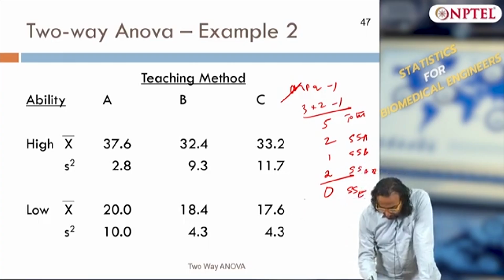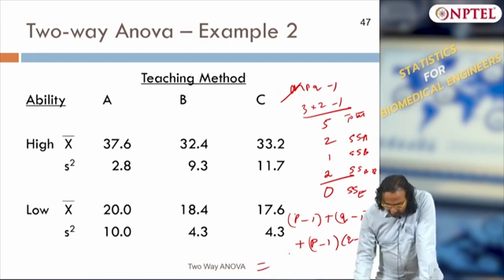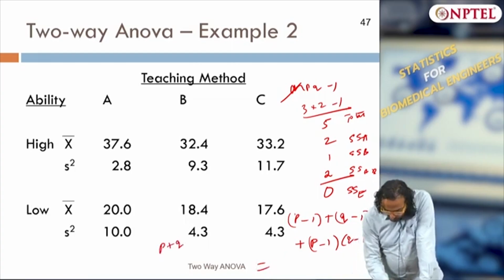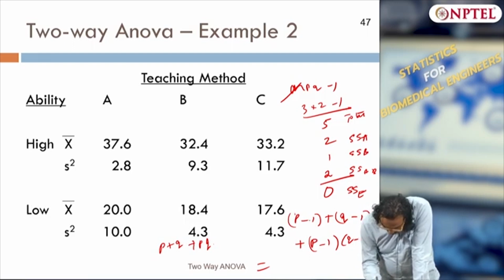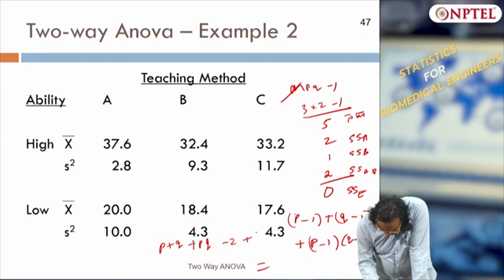Why? P minus 1 plus Q minus 1 plus P minus 1 into Q minus 1. What is this equal to? P plus Q plus PQ minus P minus Q, minus 1 minus 1 plus 1.